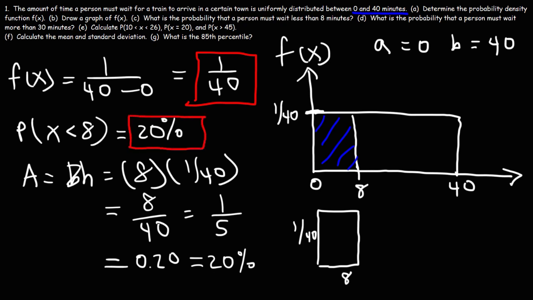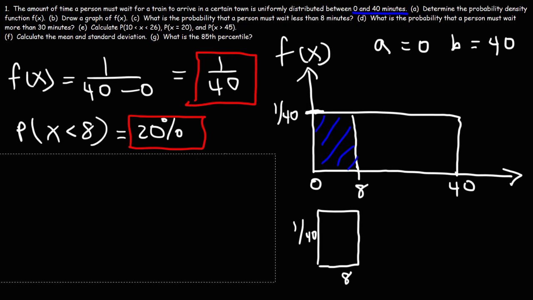Now let's move on to part D. What is the probability that a person must wait more than 30 minutes? So based on the previous example, go ahead and try this one. So let's say 30 is right here.